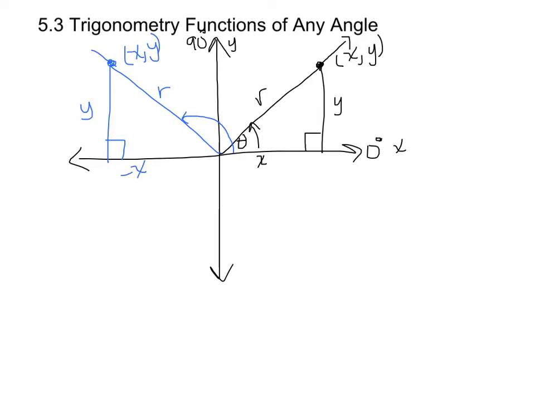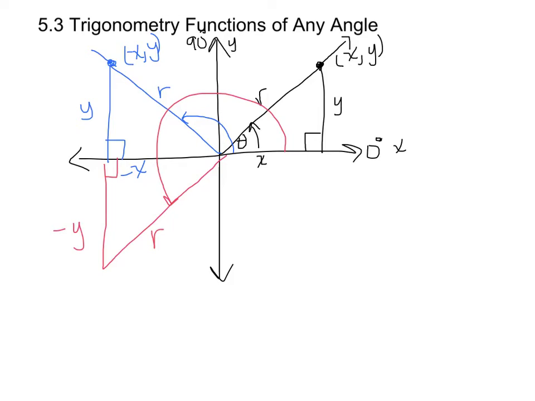And then if theta lies in quadrant 3, that means we'll start here and go all the way around. Here's r. My x's are still negative, but now my y's are negative as well. And then last, let me pick a different color.